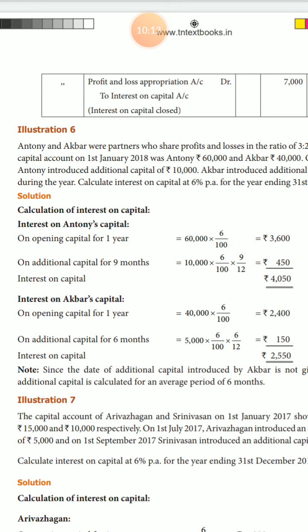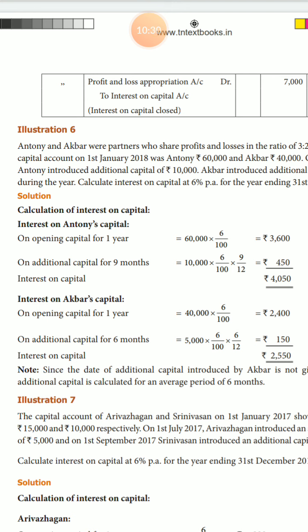The additional capital was introduced only after the third month. The amount is 450.